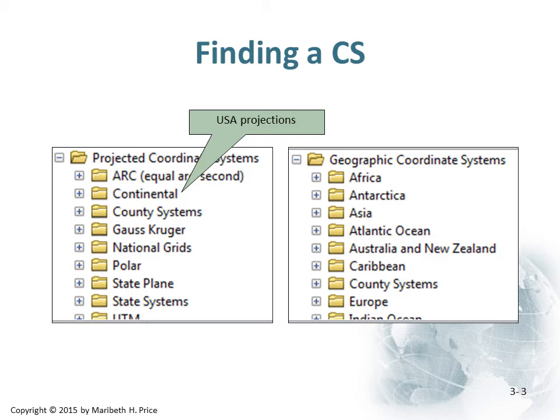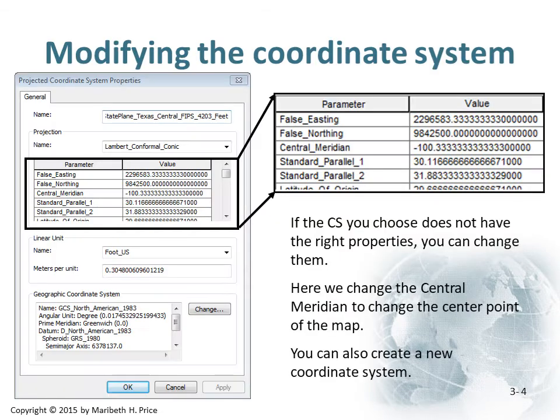How do you find them? Well, if you're looking for projected coordinate systems in the US, they're going to be under Continental. You can then go into the properties of that projected coordinate system, and you'll see some values there for false easting, false northing, the central meridian, and your standard parallels, and you can change those and move it around. If the coordinate system you choose does not have the right properties, you change them.